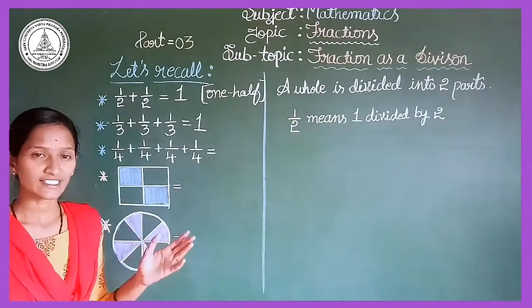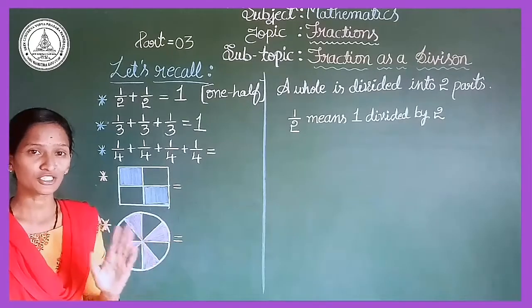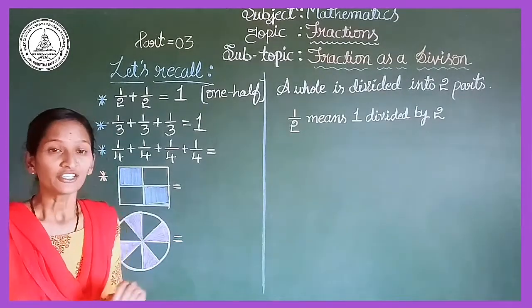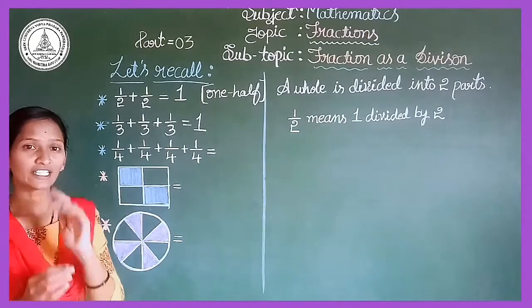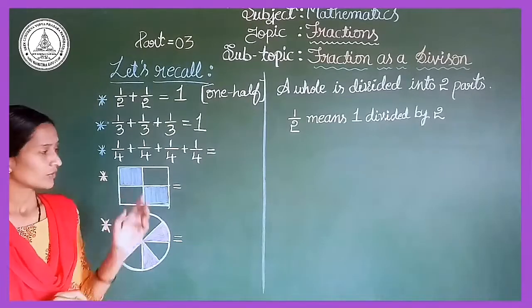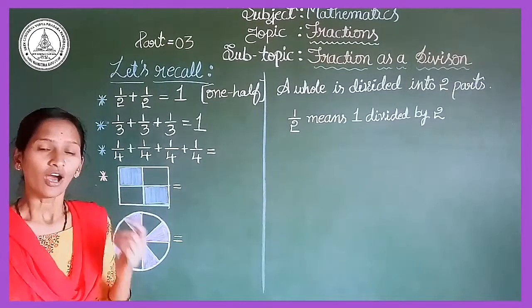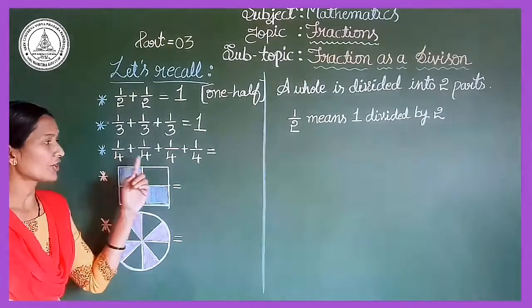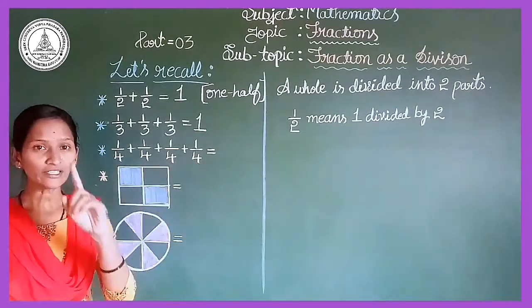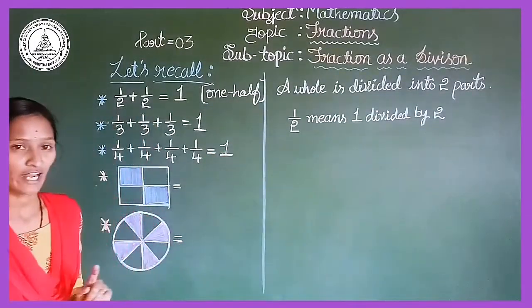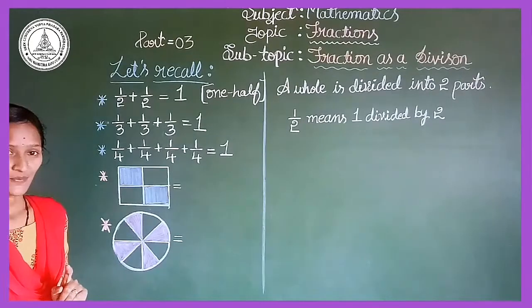In the last class I gave one beautiful example about chapati. These are the pieces of chapati. If you add all these, again you get one complete chapati, right? So here four parts make one whole. So this is about 1/4 fractions, right?